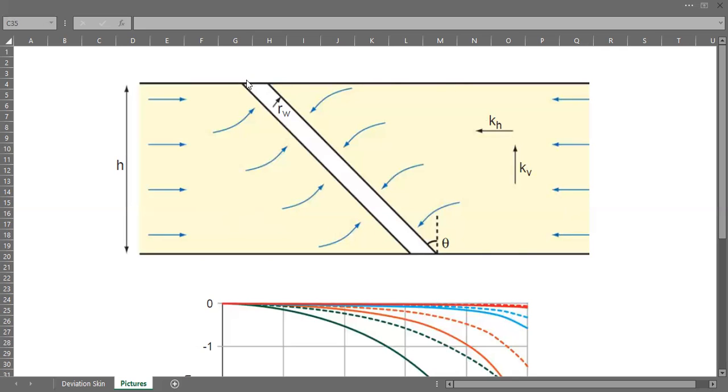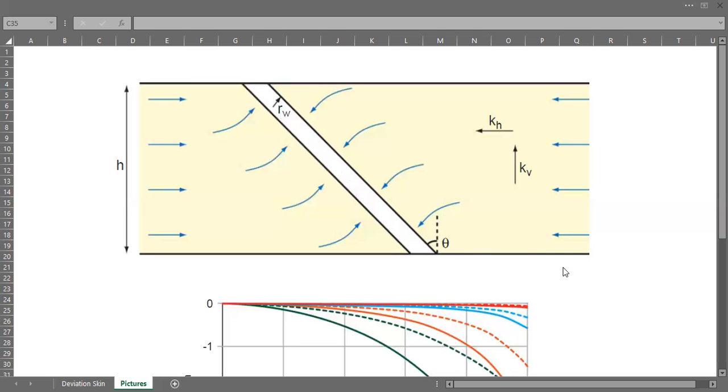You can see this is our well with wellbore radius of RW, and this well is aligned with a degree against the reservoir. The angle is right here, theta. The angle between the well and the reservoir.